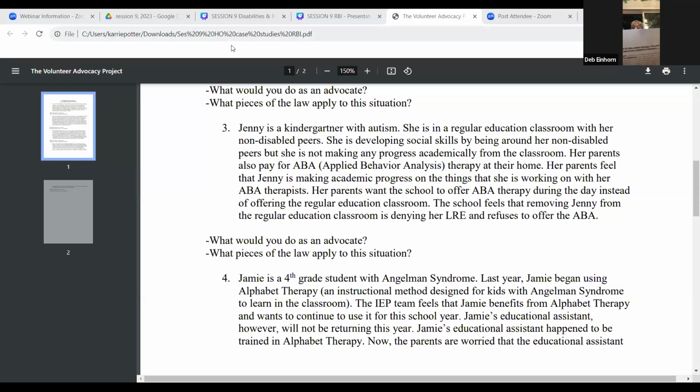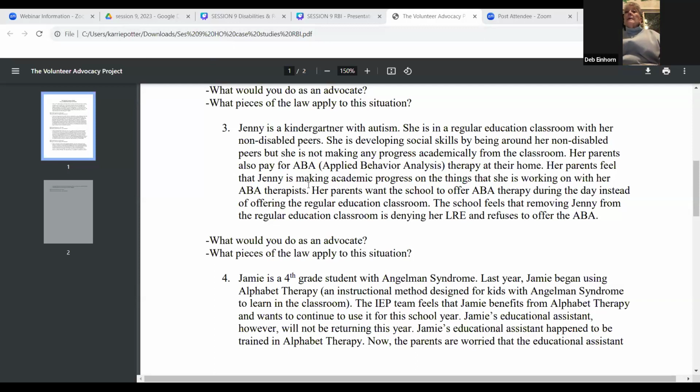Jenny is making progress with social skills, being in the general education classroom. So it sounds like something that you would not want to take away from her. Her parents are concerned because she's not making progress academically. That doesn't necessarily mean she needs to be in a separate environment getting ABA therapy.